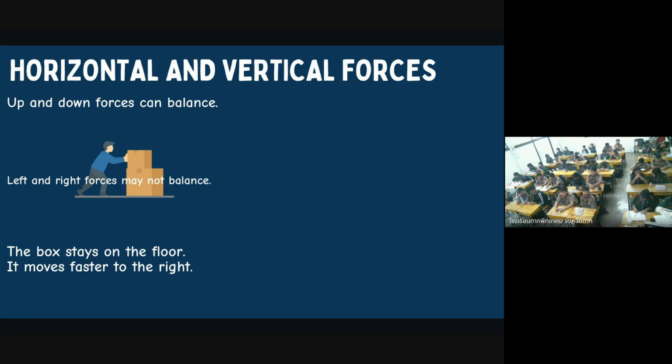Now, it is important to find out all the forces acting on an object. In this example, one person is pushing the box to the right. If the movement is to the right, then friction will pull it to the left.